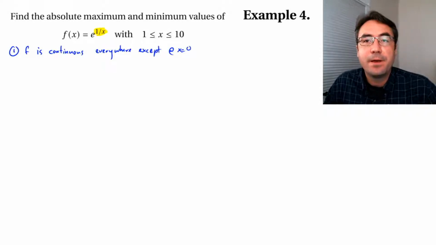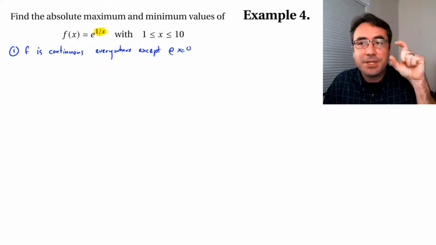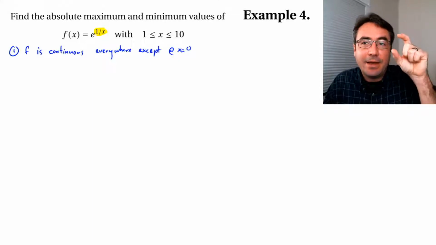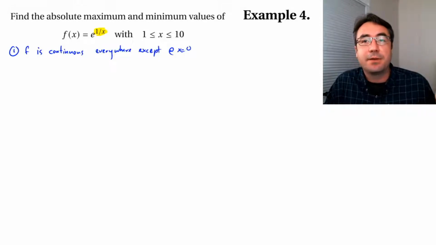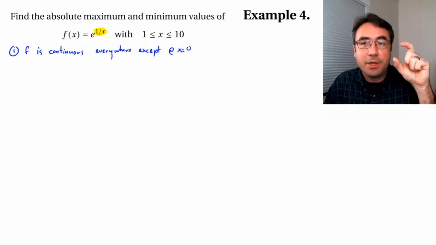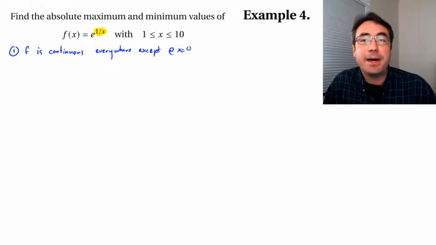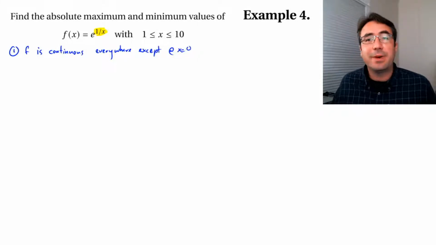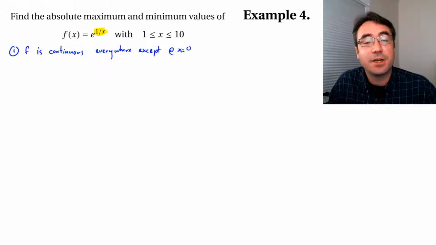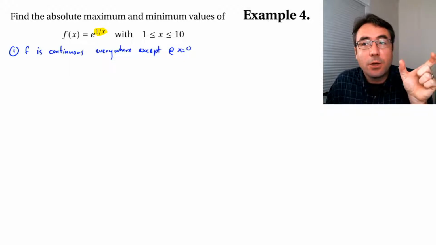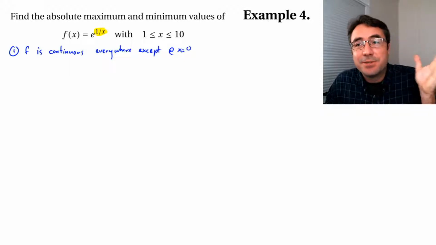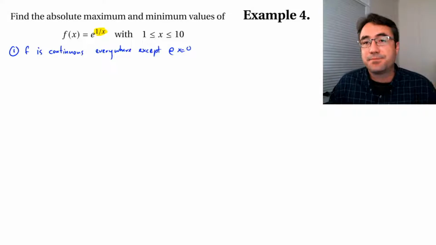And so there's a little tiny fraction up there in our exponent, and when that denominator becomes 0, the result is undefined. So when we try to plug 0 in, we get e raised to the power 1 divided by 0. 1 divided by 0 is undefined, so our function is undefined there, so it's not continuous. But we're only looking at that closed interval from 1 to 10, so 0 really doesn't matter.